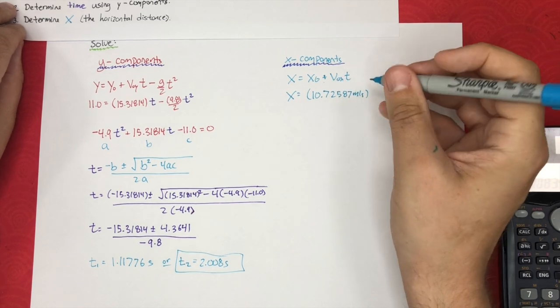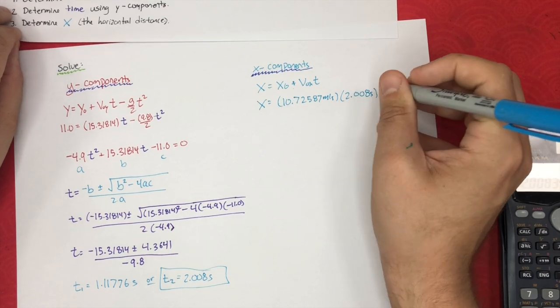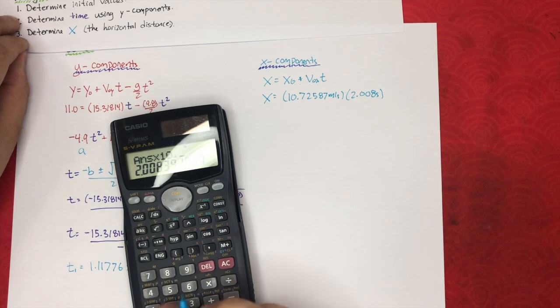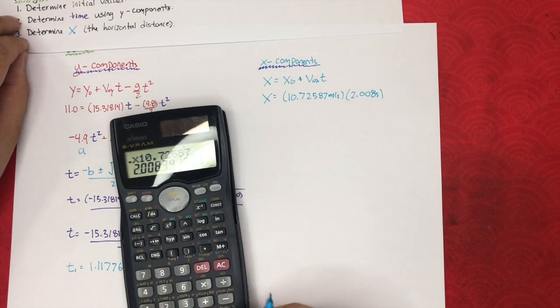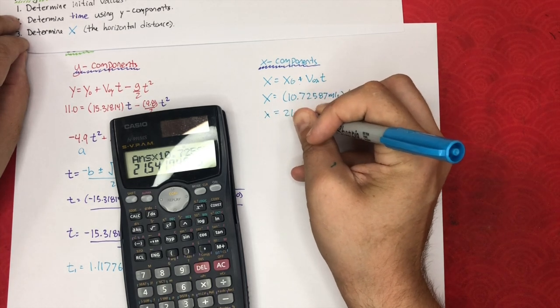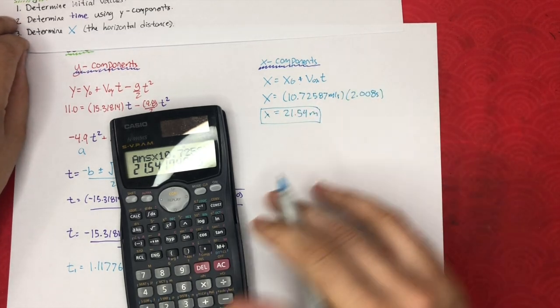That's the initial x velocity multiplied by that 2.008 seconds. So if we put that right in our calculator, times 10.72587, we're going to get an x position equal to 21.54 meters. That's our final answer right here, but we're not done yet.